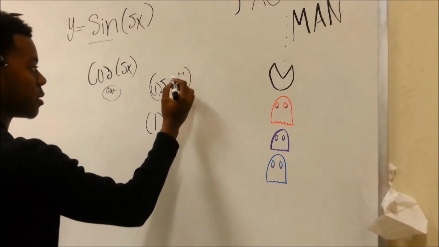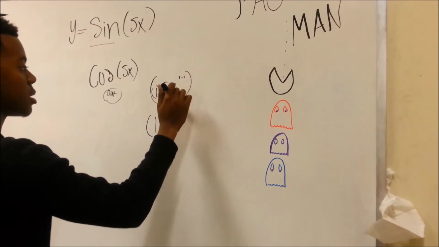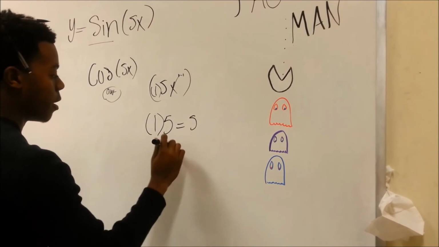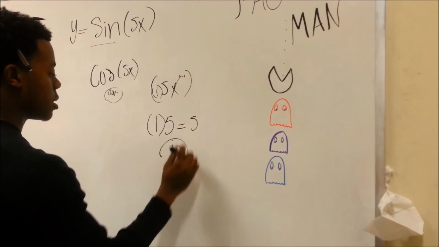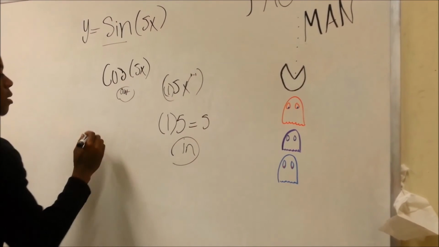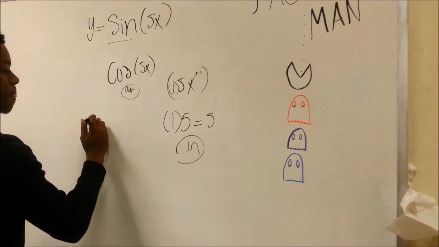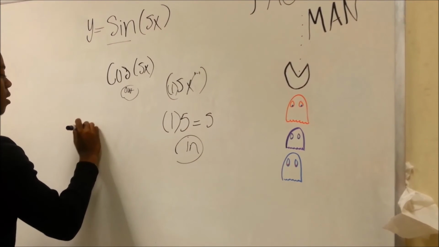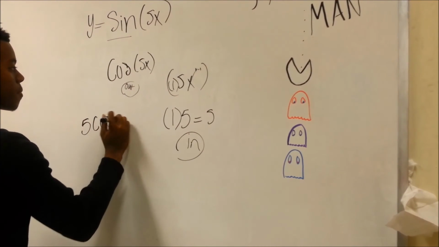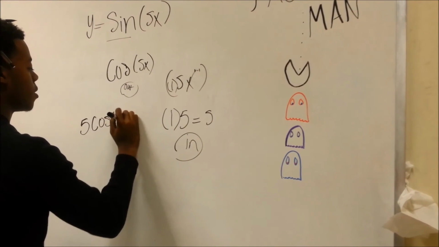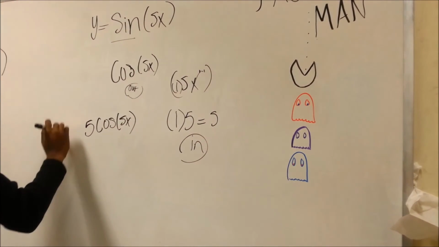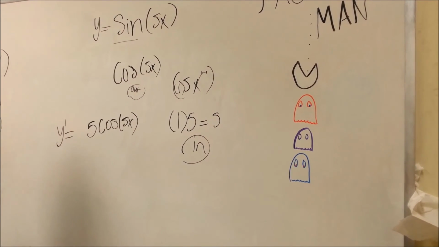Because of the 1 minus 1 in the exponent, we lost the x. So that's how we got that. Now, just like in the last example, we multiply the inside by the outside, giving us 5 times cosine 5x, which is our final answer.